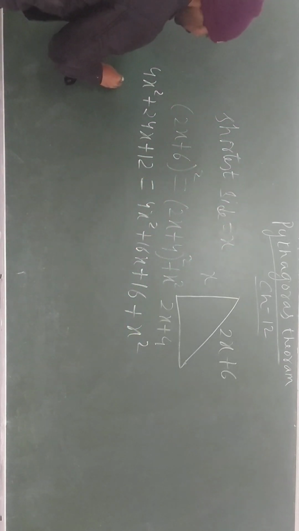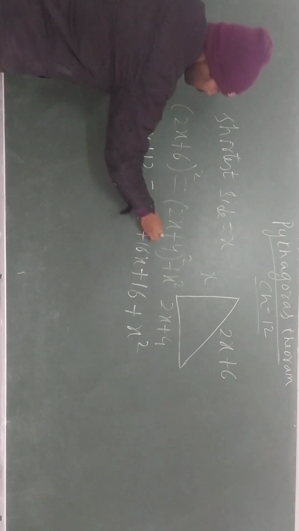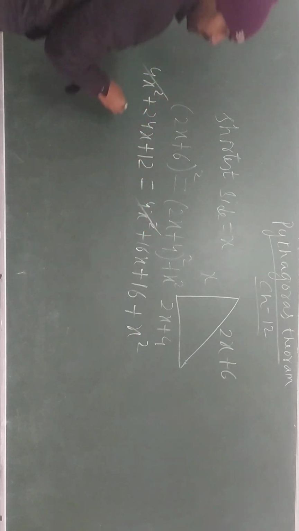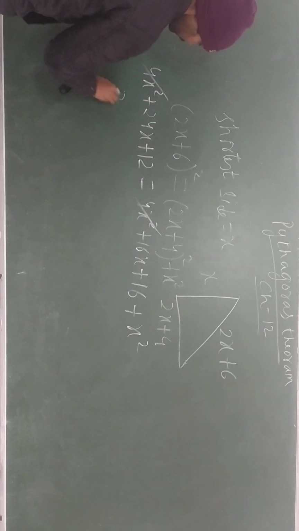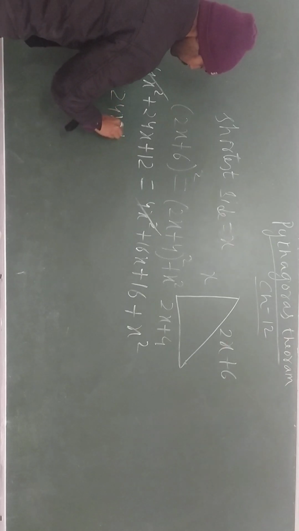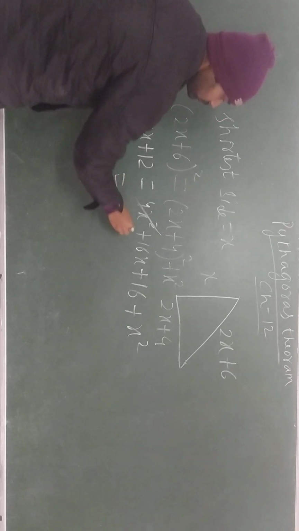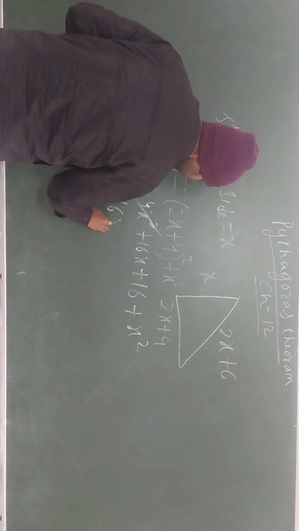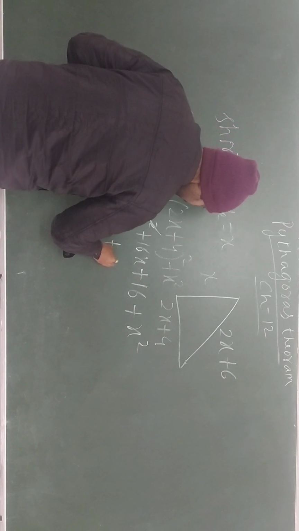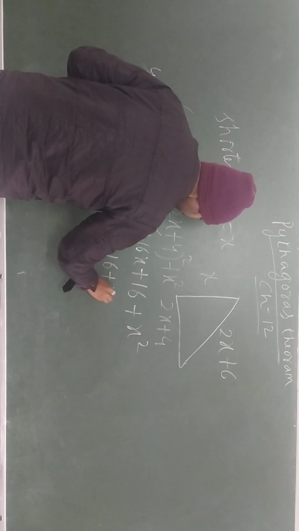Now here we have 4x square on both sides, so it will cancel out. Now see here, 24x plus 36 equals 16x plus 16 plus x square.